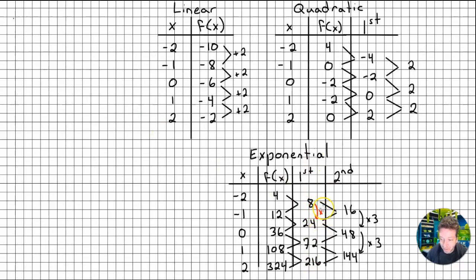This increases by a factor of 3, as does this, as does this. Even in our function, it increases by a factor of 3, by a factor of 3, and what's 36 times 3? 108. Isn't that amazing? This is a key feature for exponential functions.